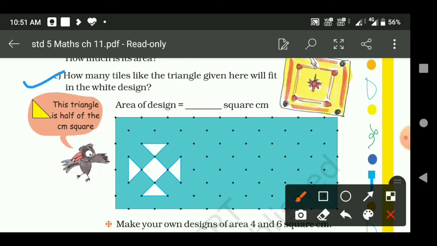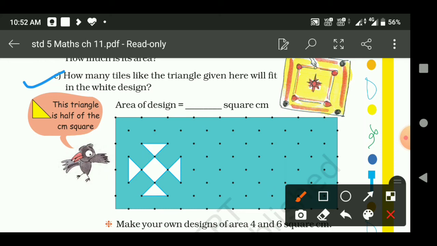How many tiles like the triangle given here will fit in the white design? So here we have to find out number of tiles like the triangle given here need in the white design.